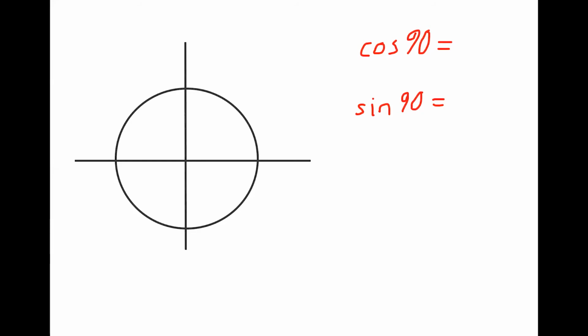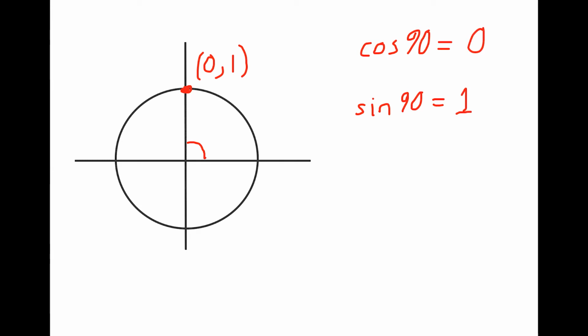To find the cosine and sine of 90 degrees, we have to just draw a 90-degree angle in our unit circle, put that point up on the edge of our circle, and ask ourselves, what are the coordinates of this point? Looks to me like the x-coordinate is 0 and the y-coordinate is 1. In other words, you have to go over a distance of 0 and you have to go up a distance of 1 to get to that point. So the cosine of 90 degrees is 0 and the sine of 90 degrees is 1.